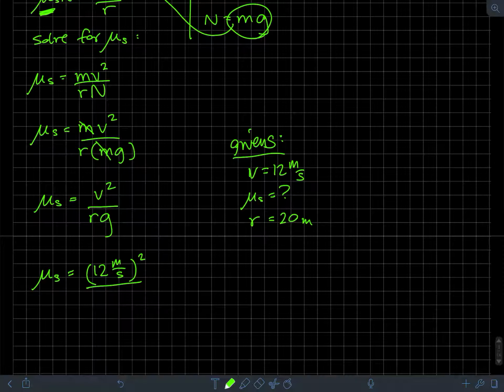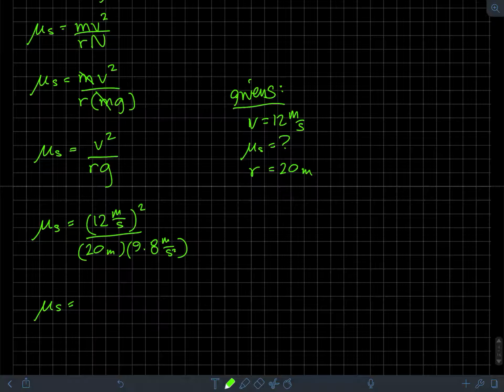Then we have 20 meters and 9.8 meters per second squared. Let's run the calculator and see what we get there. All right, so 0.73 to 2 sig figs is the minimum coefficient of static friction that's required to keep this bike going in a curved path.